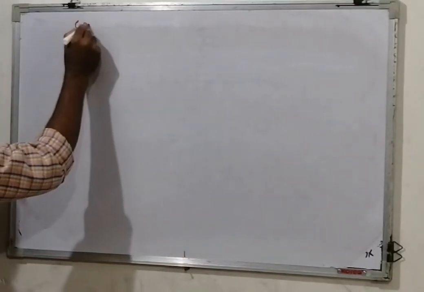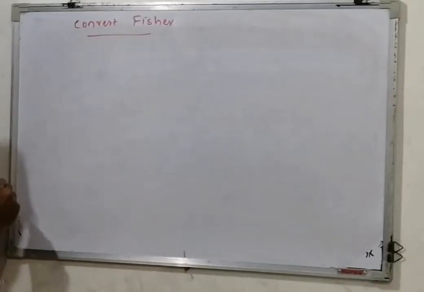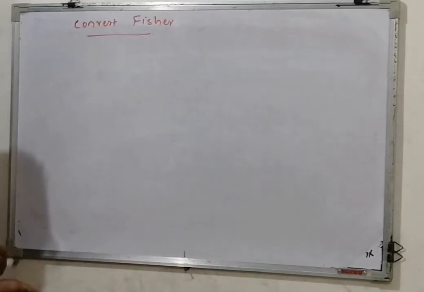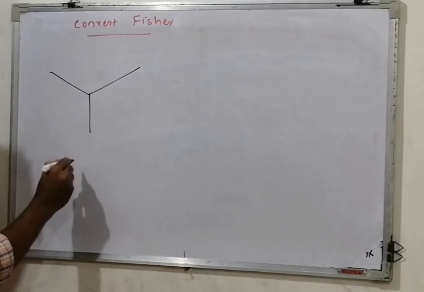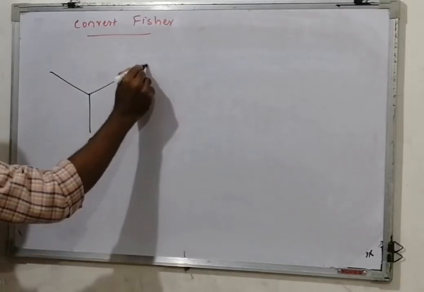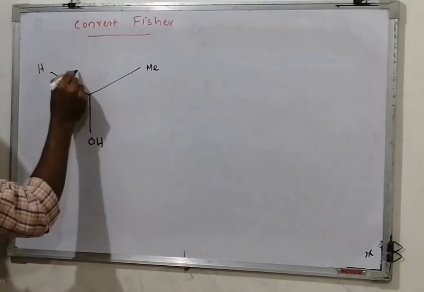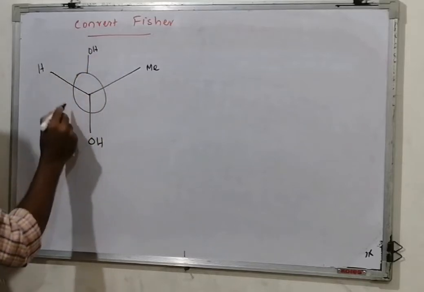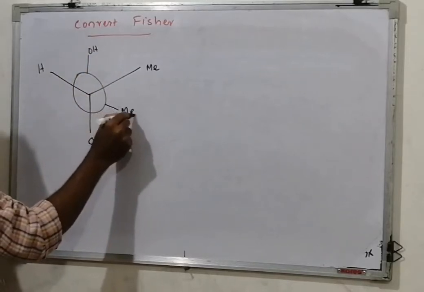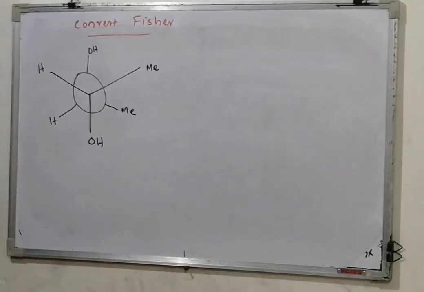Suppose, convert into Fischer. You have given OH, Me, H, OH, Me, H. This is a staggered one.